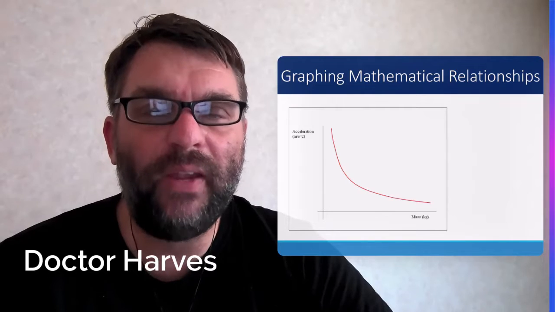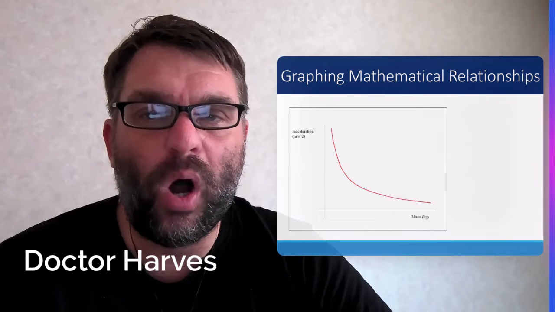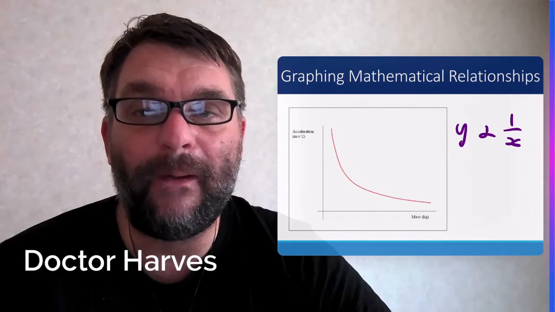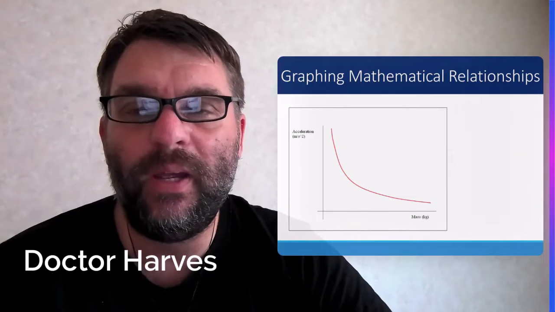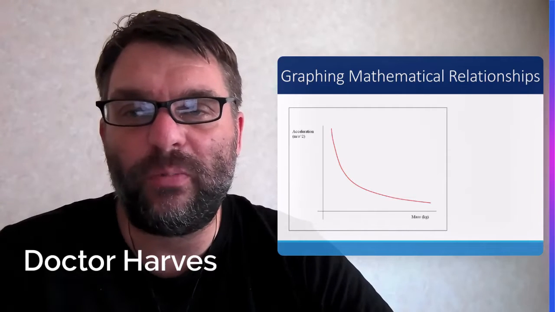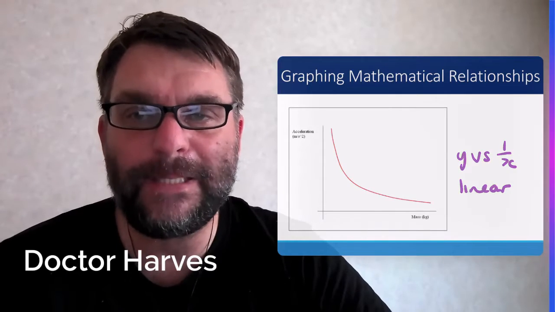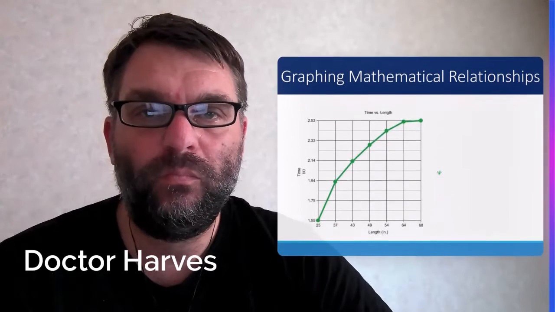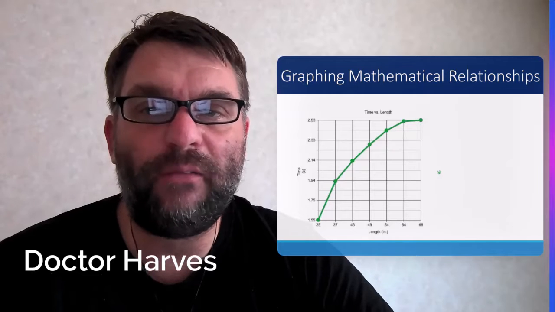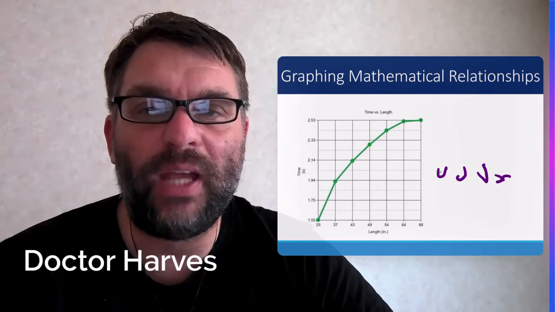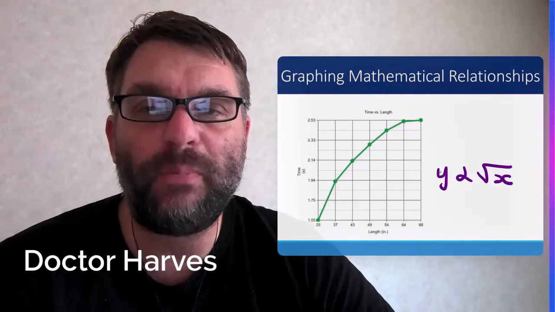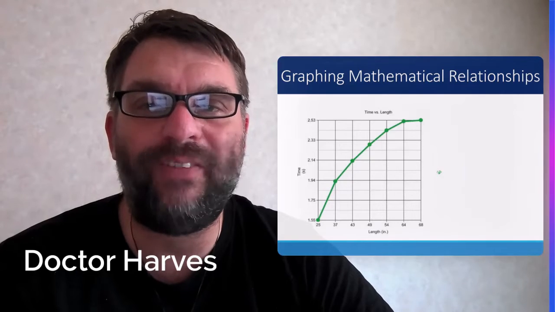So in the second graph here, we've got a y is proportional to 1 over x, an inverse relationship. So to get a linear relationship from that, it would be a plot of y against 1 over x. This is the third type of graph you might see. It is a relationship where y is proportional to the square root of x.